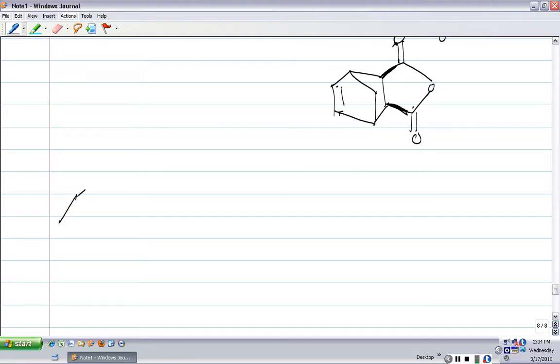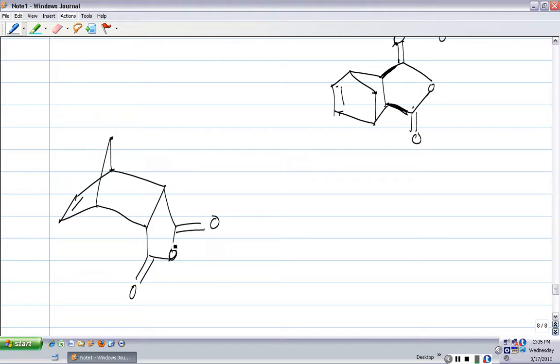One cis product will look like this. So this is my 6-membered ring with my double bond, and it's pinched across carbons 1 and 4 by that methylene bridge. The carbonyls could both be down, okay, and then bridged by your anhydride function. This is a scenario where these groups are pointing down and this is pointing up.